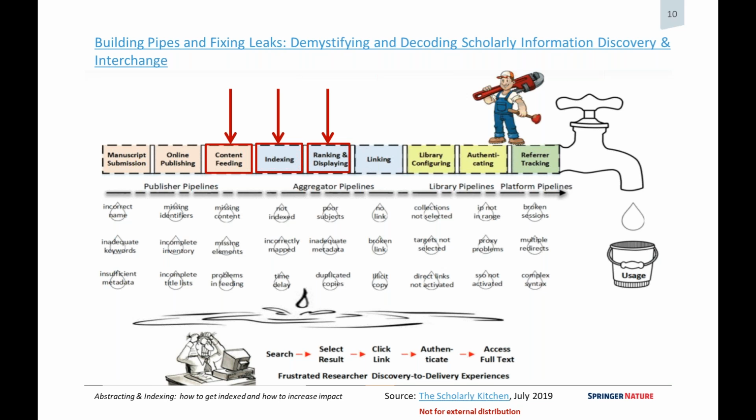You can see this is a high maintenance job. In order to get the content discovered and used, there are so many components that have to be aligned and work properly. If anything fails, the usage is going to be affected because the content is not going to reach the right audience.